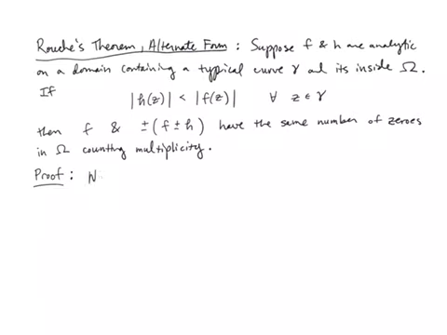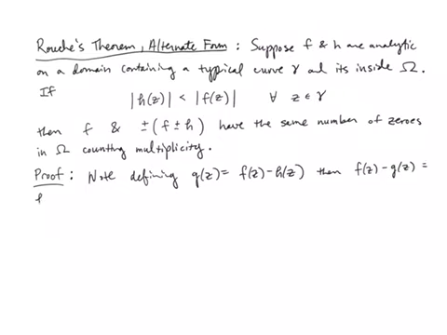So note, defining g of z to be f of z minus h of z, then f of z minus g of z equals h of z. Right, so just substituting into the inequality, the norm of f of z minus g of z is less than the norm of f of z.